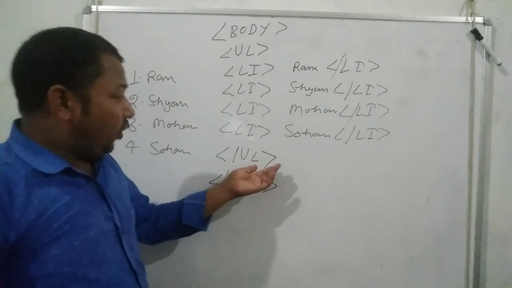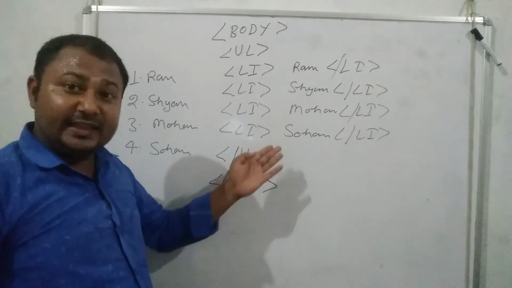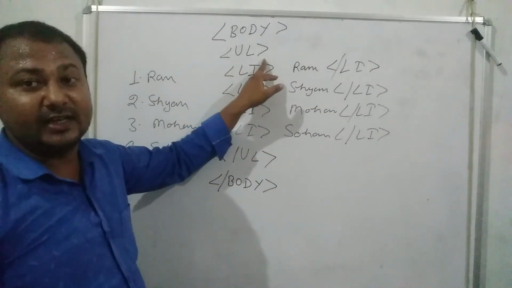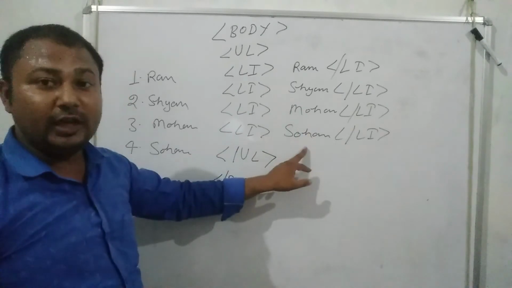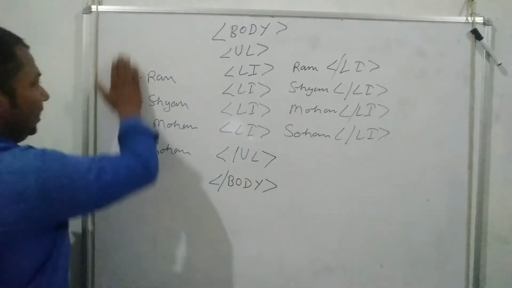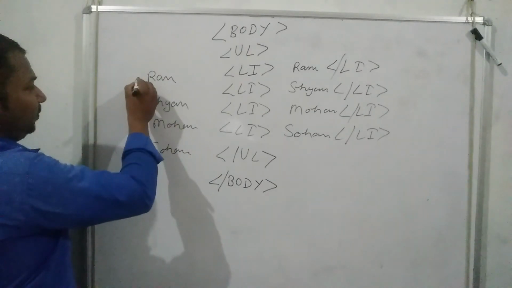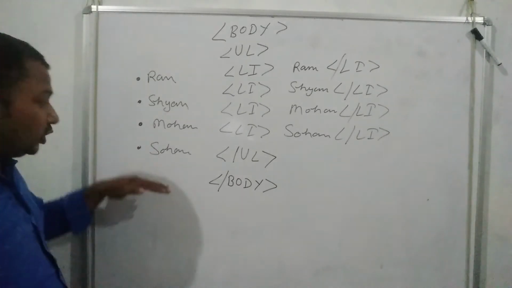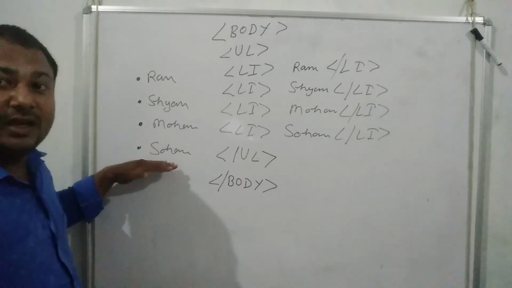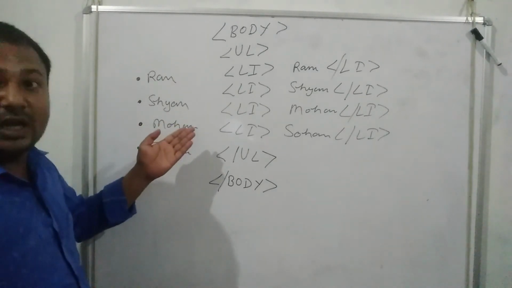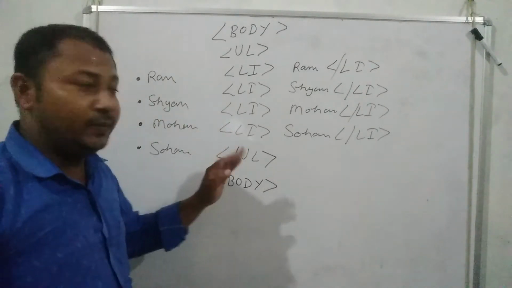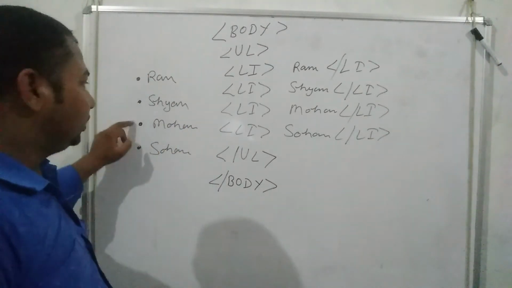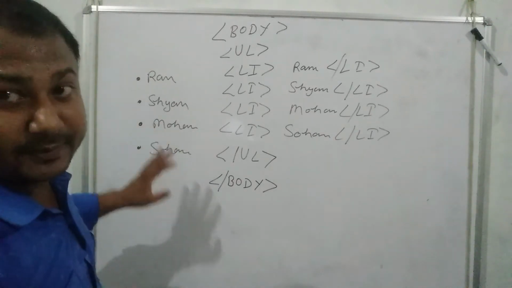When we type this code using the UL tag, the same names will appear in this format, with a bullet at the start of each name. So this is an unordered list. And before this, what I taught you was the ordered list, where numbers 1, 2, 3, 4 appear.